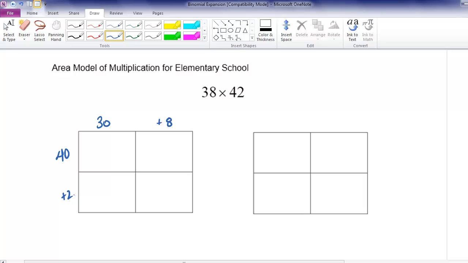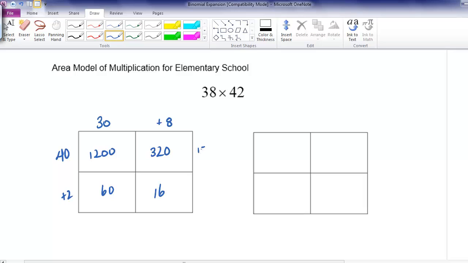So this looks like the distributive property last day doubled up. We put an extra stack on top. Elementary school students could do this quite easily, do their multiplication.